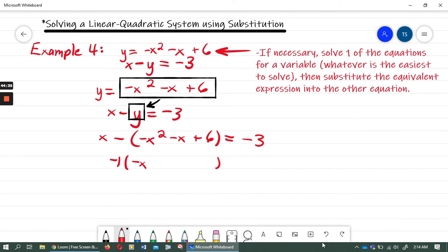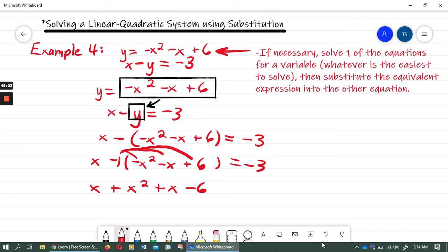If we distribute that negative 1 inside of these parentheses, let's write the rest of this equation, equals negative 3, and we still have the x here. That's going to end up being plus x squared, plus x, and minus 6.